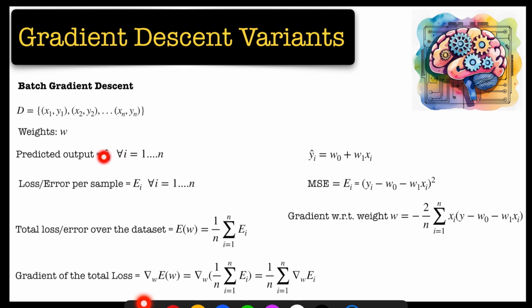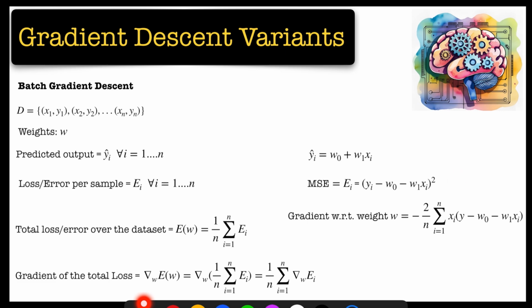We can have a much more complex model, but here for simplicity I'm considering simple linear regression. Yi hat is W0 plus W1 xi, and this is our loss function MSE, mean square error, that is Ei: yi, the actual output, minus W0 minus W1 xi. This is the loss function.